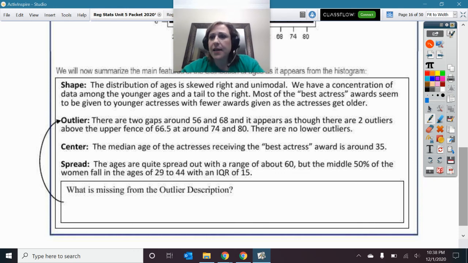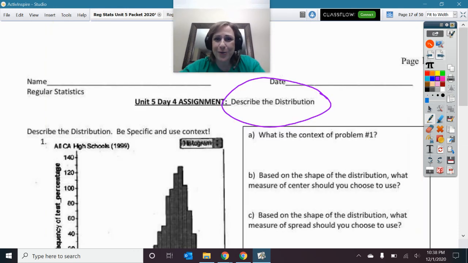So we'll do that tomorrow right before we do our assignment that goes along with that skill. Hopefully you now can describe a distribution. Tomorrow we'll understand how to describe a distribution with our SOCS: shape, outlier, center, and spread.